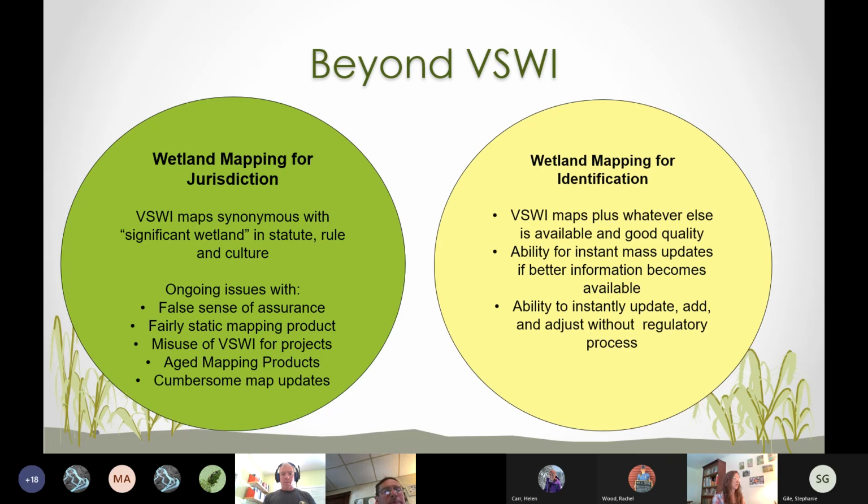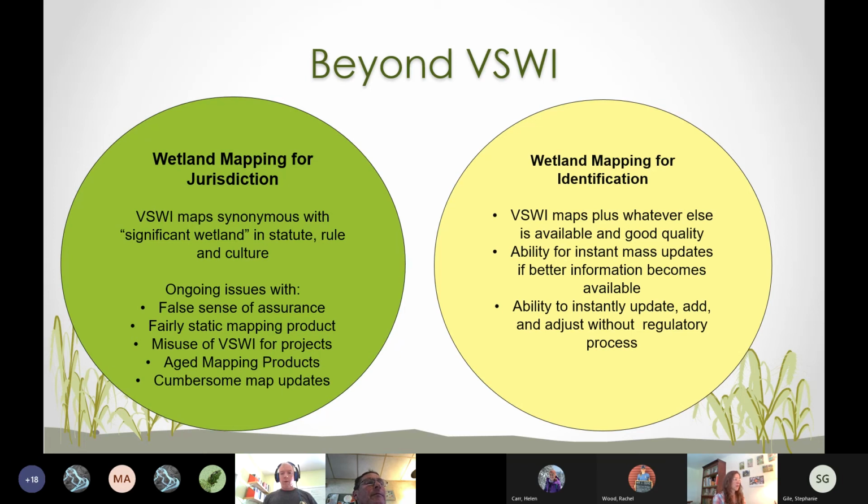A lot of times people are transferring the VSWI onto a site plan thinking that that's good enough. All of these wetlands on any of the maps that we have require some kind of determination in the field of where the actual boundary is.